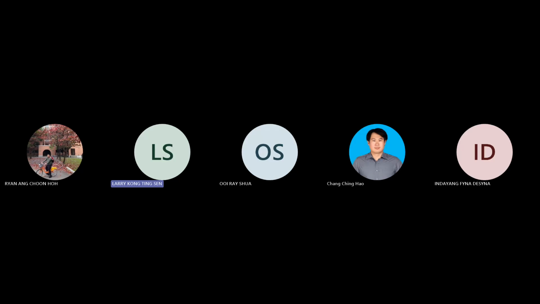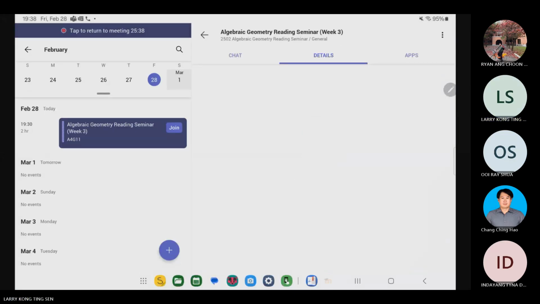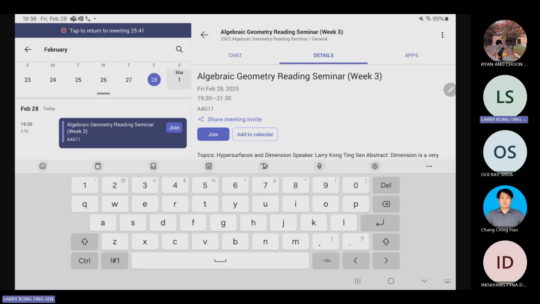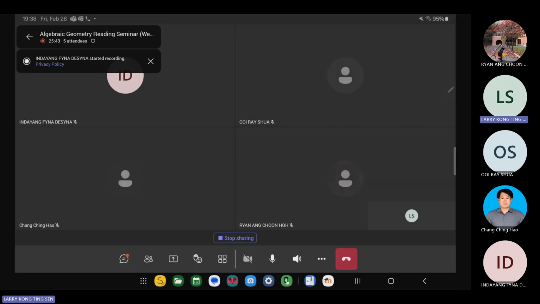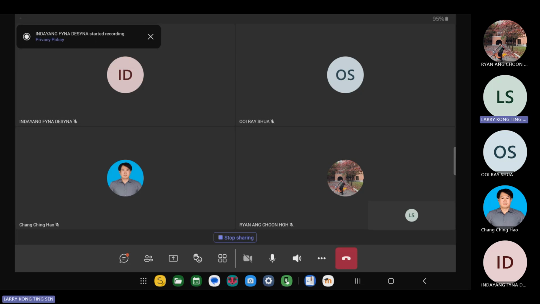Sound is great. Is your audio on here? My mic should be on. Is this still breaking now? I cannot test one. Oh, better. Breaking better. Audio.